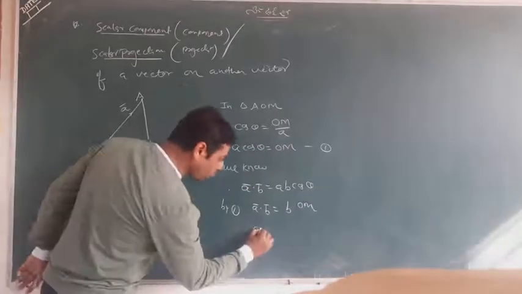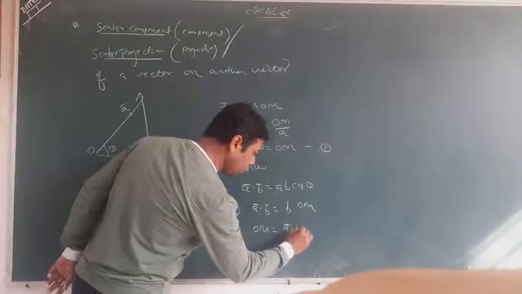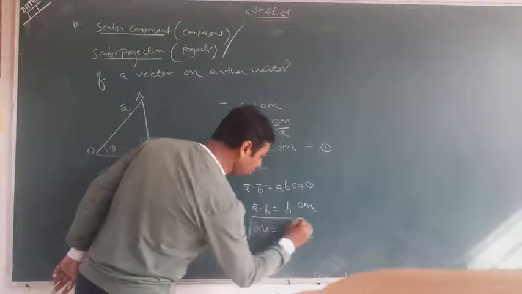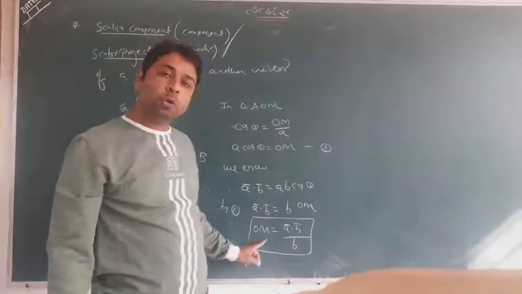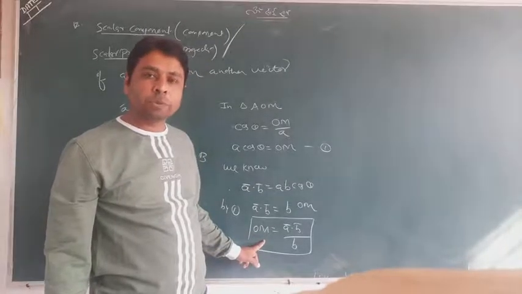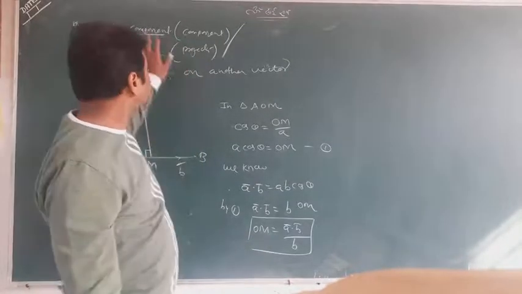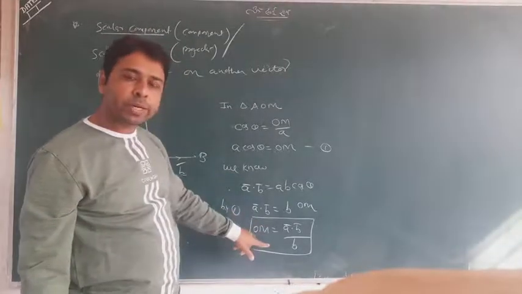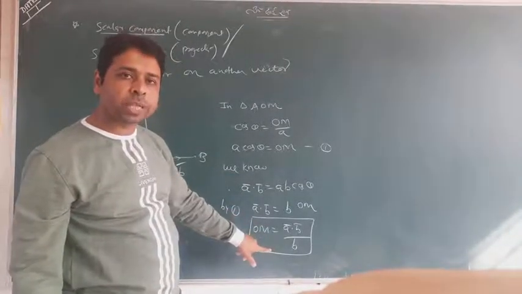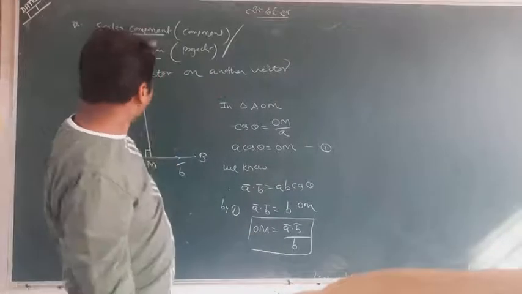And can you write OM is equal to A dot B upon mod B. Now make a bracket. You have got the distance OM, which you called projection or component. It is not a vector, that's why it is called a scalar projection, scalar component of A on B.